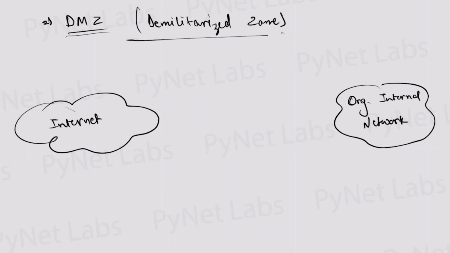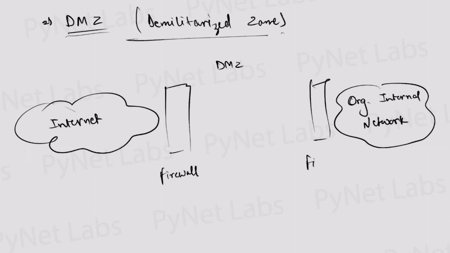So what I can do is make a DMZ zone. And in my DMZ zone, I'll place two firewalls. One will be here and one will be here. And then there can be some resources which I need to host over the internet, placed into the DMZ zone.